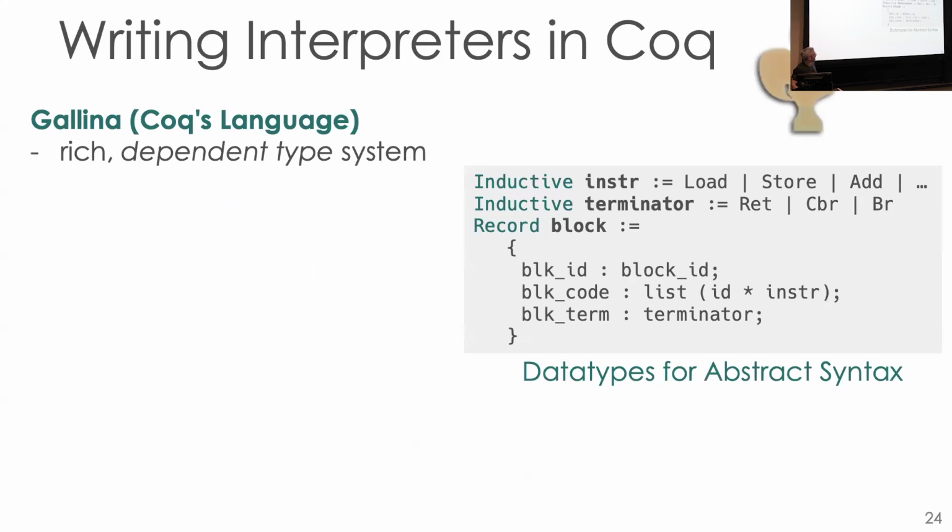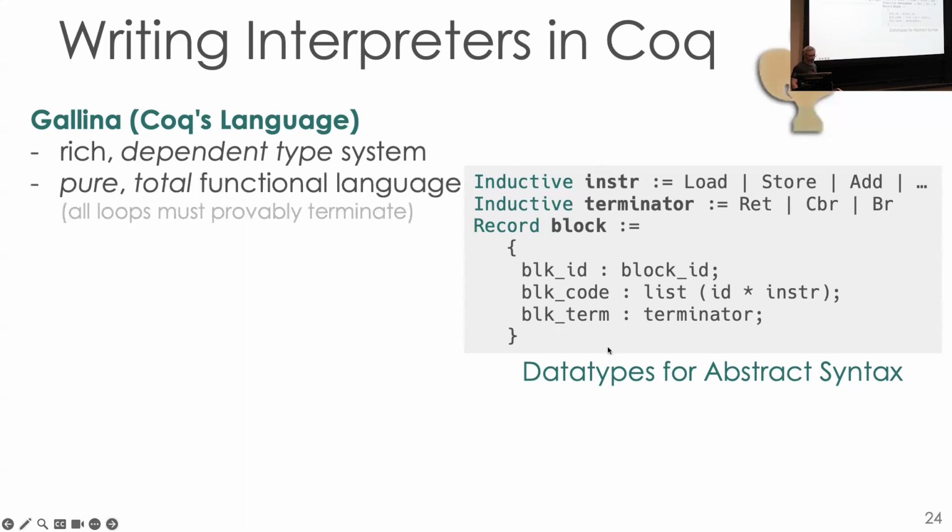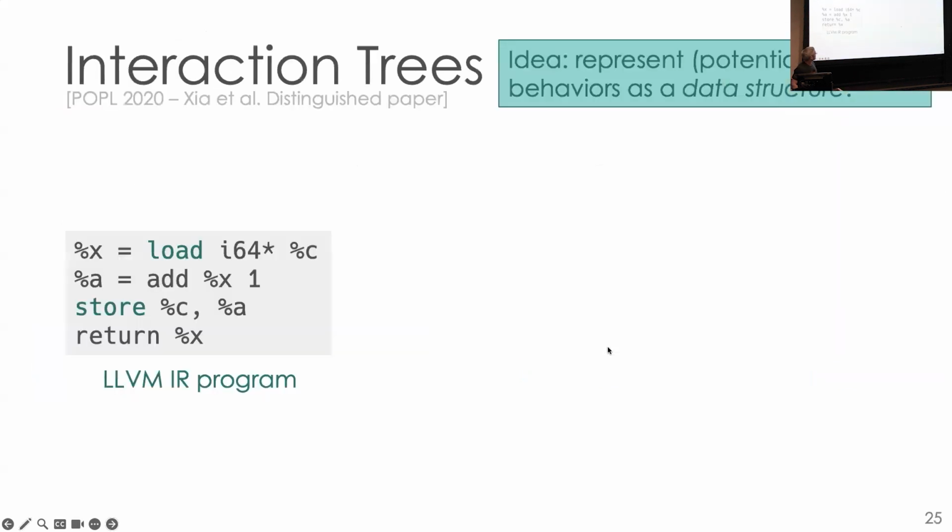To give you a sense of what that looks like, we have some algebraic data types for the syntax. Here we have instructions like load, store, and add, and we have code blocks just as syntax. Essentially, we interpret them first into interaction trees, and then we have lots of different types of events that we handle in layers.